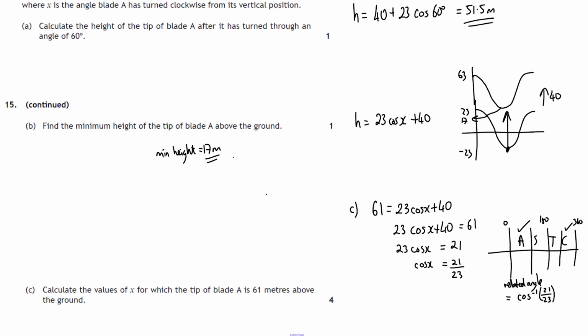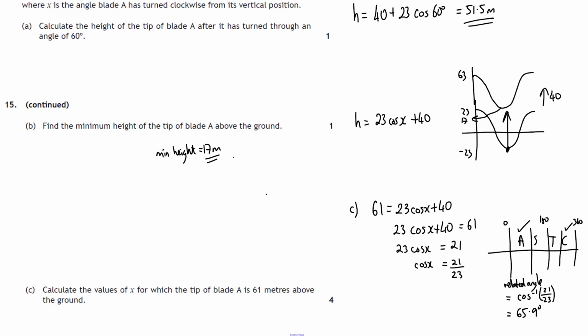So type that into the calculator, shift cos, inverse cos of 21 over 23. That should give us 65.9 degrees, we'll say.